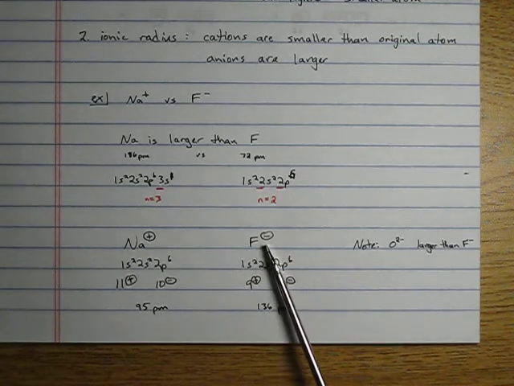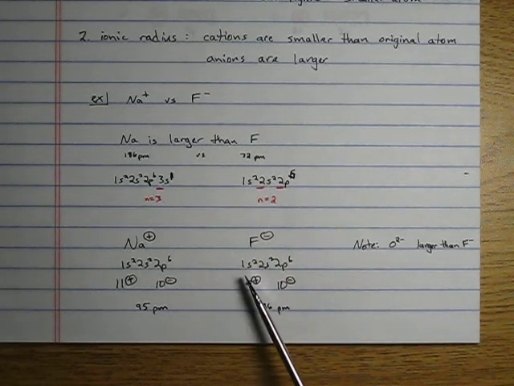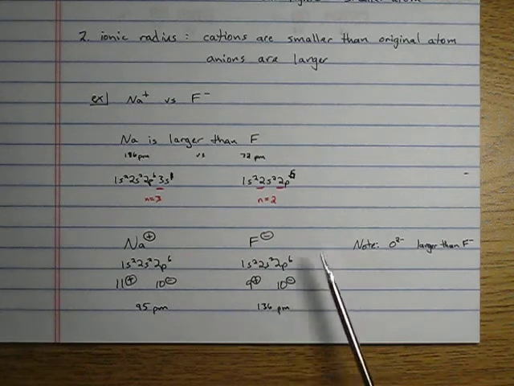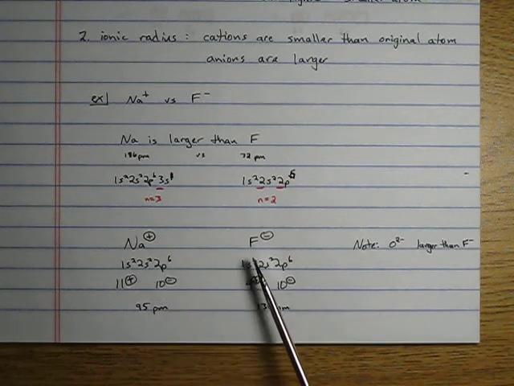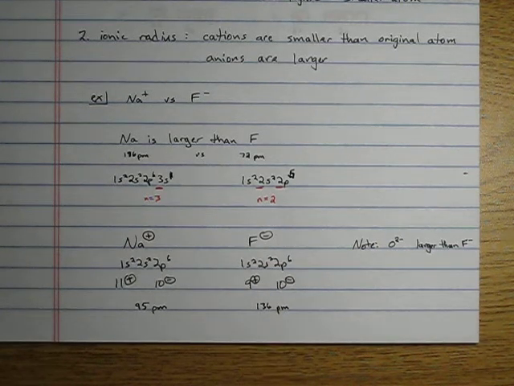But let's look at the fluoride. If we add an electron to fluorine to make F minus, the electron configuration now is 1s2, 2s2, 2p6 also. So now the sodium cation and the fluoride anion have the same electron configuration. Both of them are isoelectronic with neon.